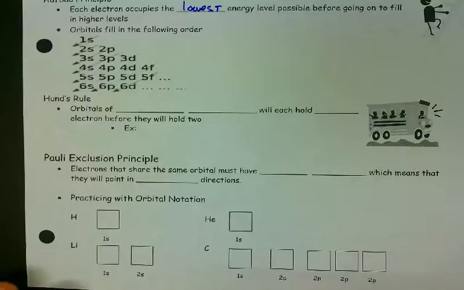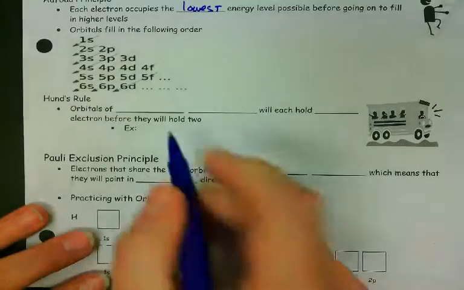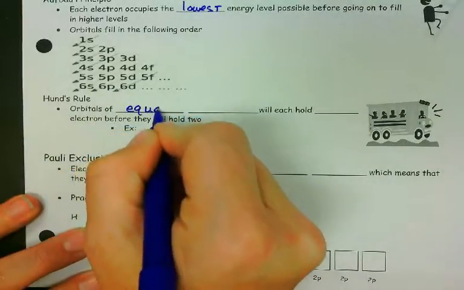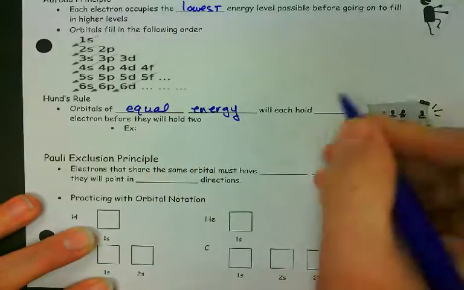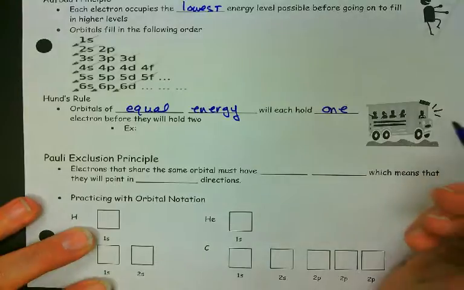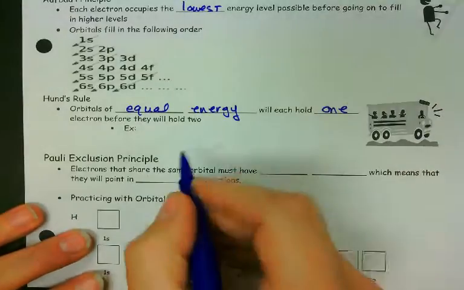On Hund's rule, it says orbitals of equal energy will each hold only 1 electron before they will hold 2.